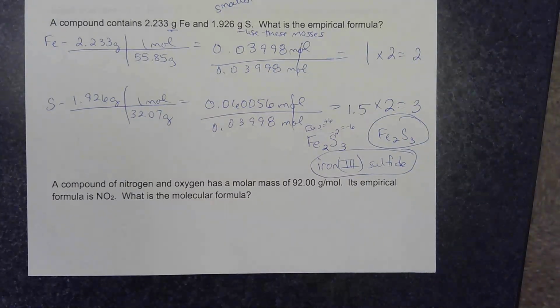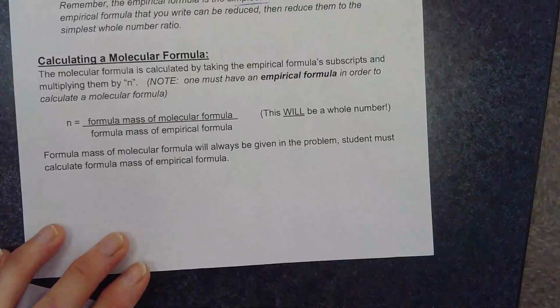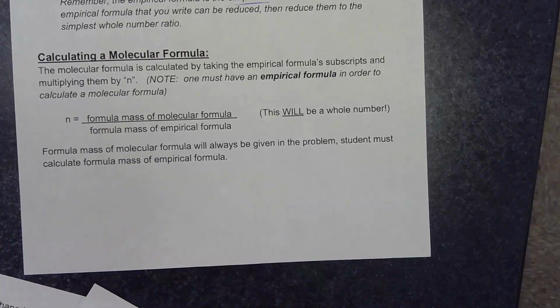All right, now then, how do we do molecular formulas? The rule for molecular formulas, right here, says the molecular formula is calculated by taking the empirical formula's subscripts and multiplying them by n.